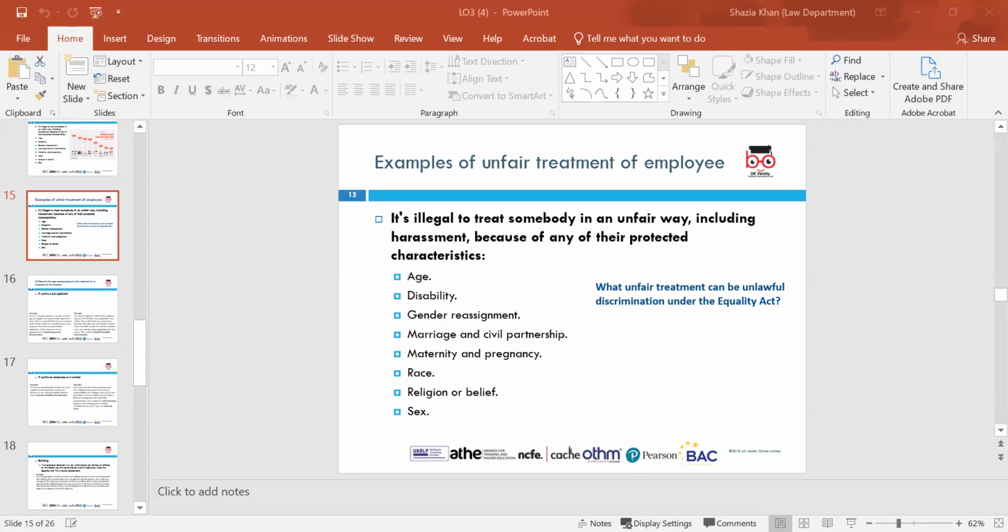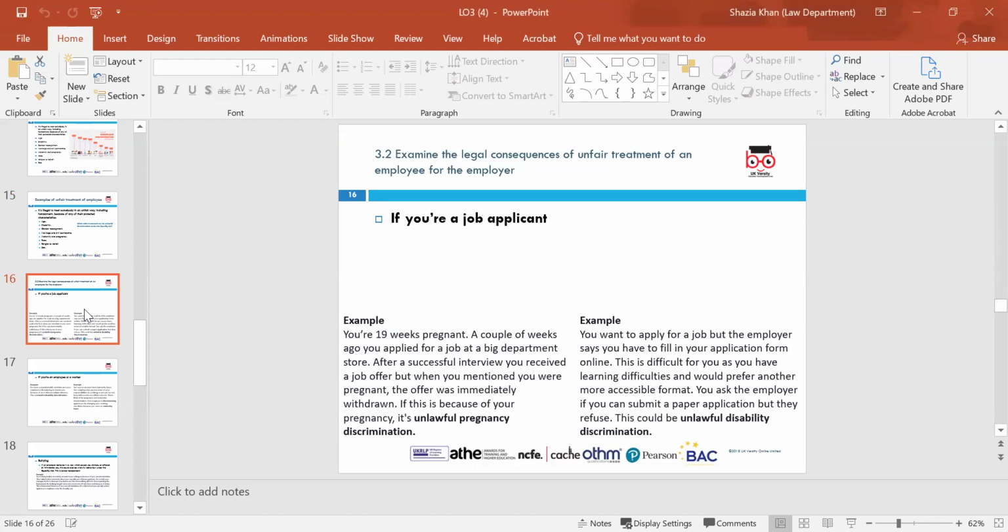So it's really important that you as an individual recognize situations where people are being treated unfairly. So, assessment criterion 3.2: examine the legal consequences of unfair treatment of an employee for the employer. Recognizing that this is really important.